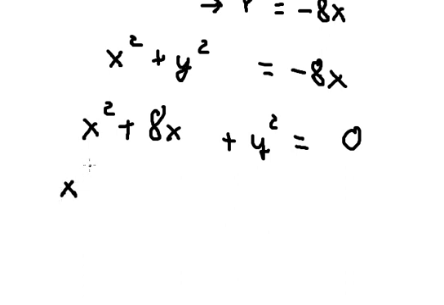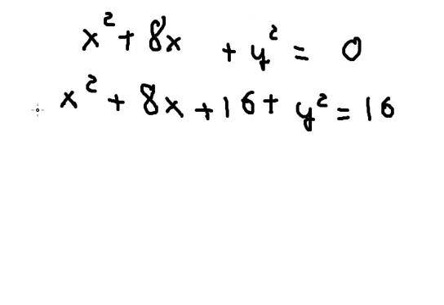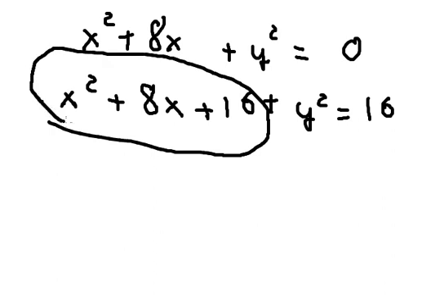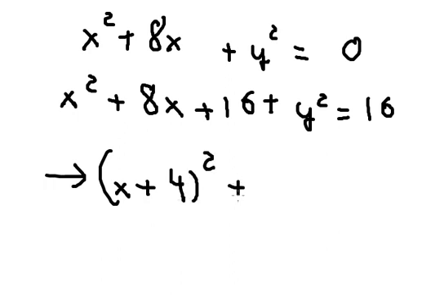Next, we need to add number 16 to both sides. So this one is about identities, and we can put it like this. Number 16 is 4 squared.